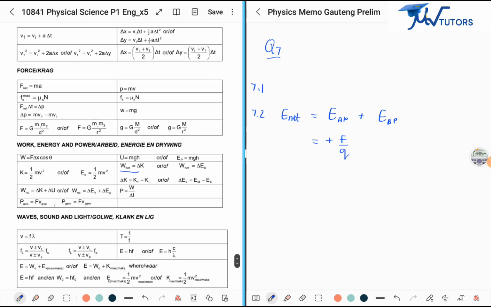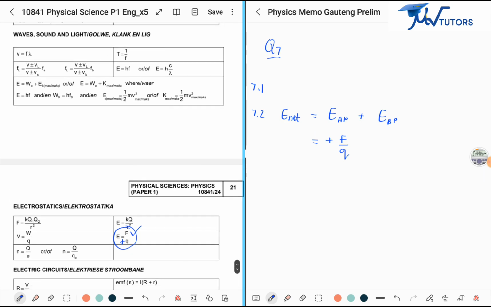Instead, you know that the force is equal to K, Q1, Q2, and all of that. So I'm going to substitute that into F, and instead we're going to use this equation. So we have K, Q A over R squared, and that is positive.